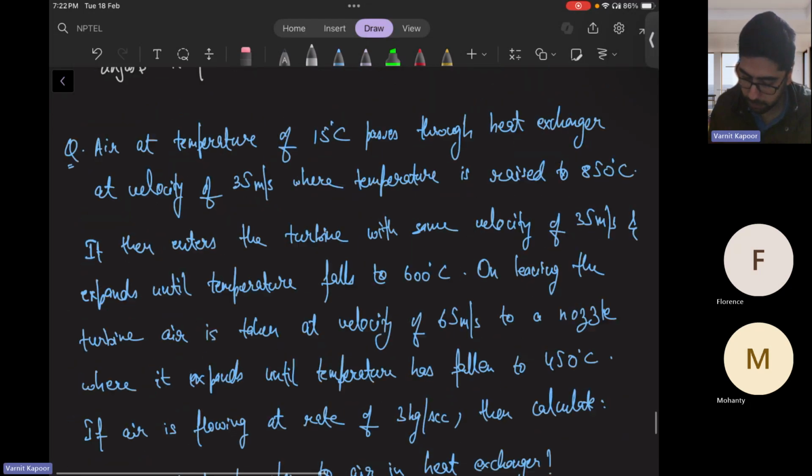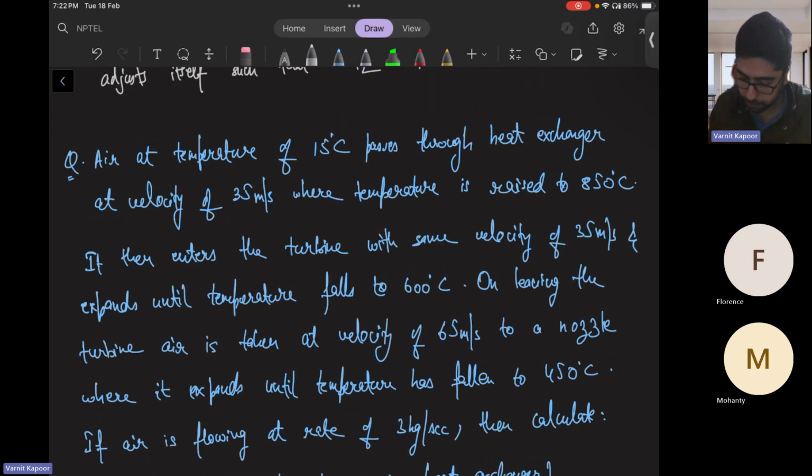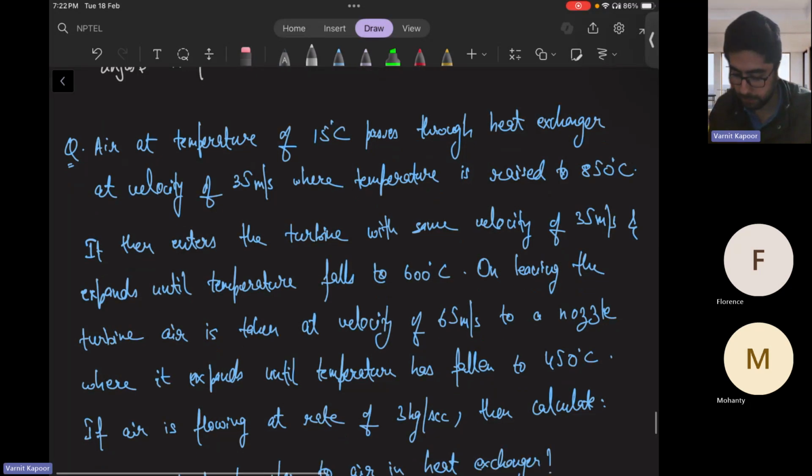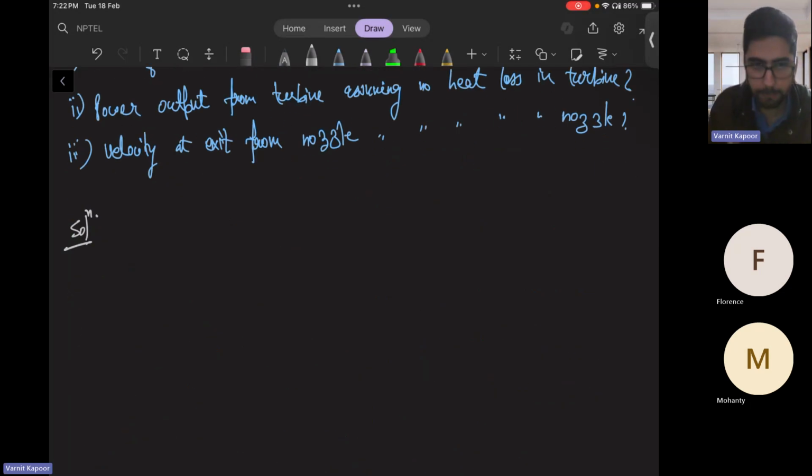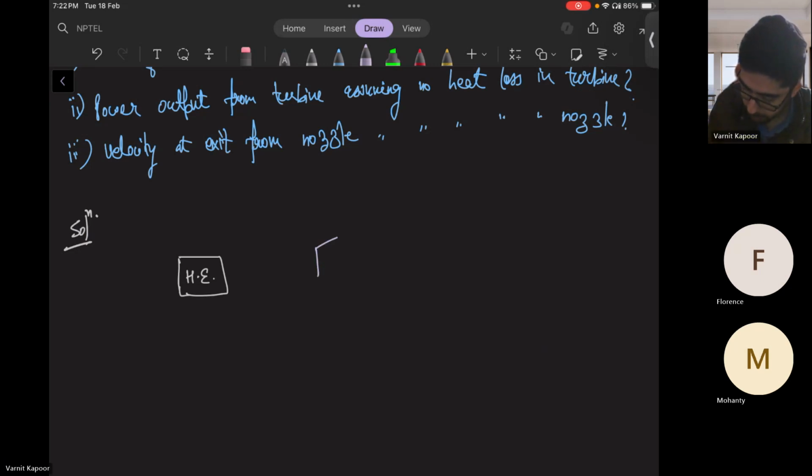So we have a setup where we have a heat exchanger, a turbine, and a nozzle. Let's first make the flow diagram of it. So we have a heat exchanger, then a turbine, and then a nozzle.